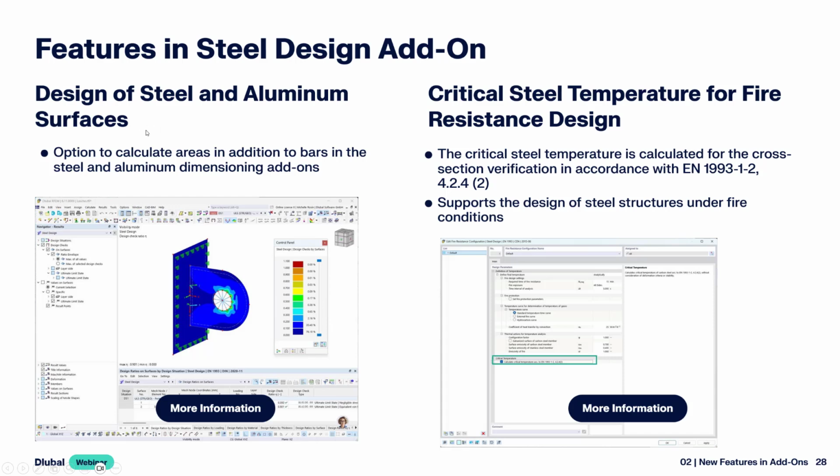Then, the design of surfaces is now possible, also for aluminium surfaces. Then the critical steel temperature for fire resistance design can also be used now for the design according to Eurocode 3.1.2 and this paragraph.